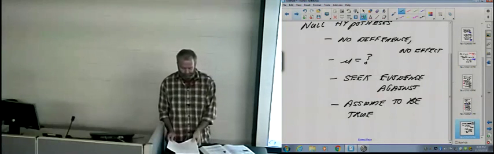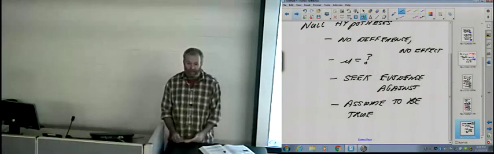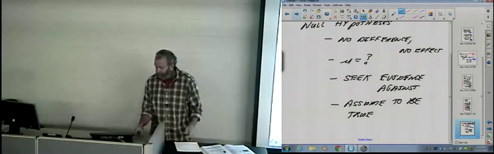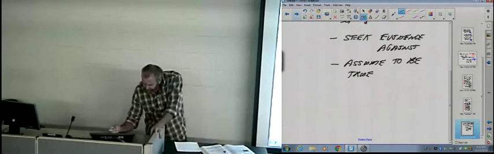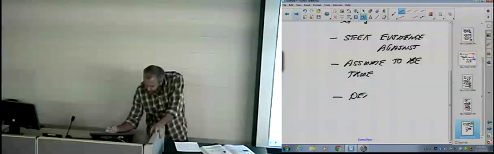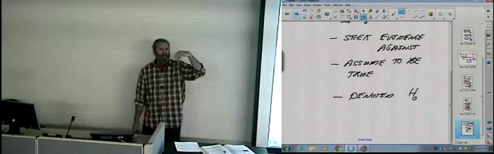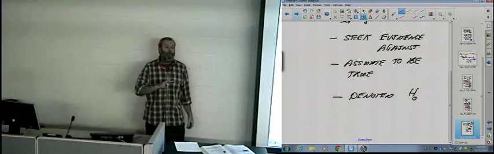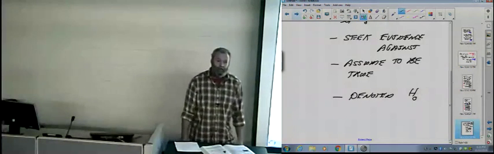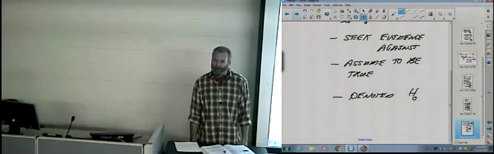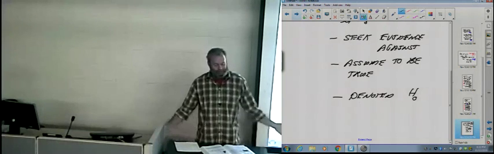Now, that's the null. While we're here, it's denoted with the capital H for hypothesis and the little 0 for the null. And I apologize up front, I don't normally read that H sub 0.